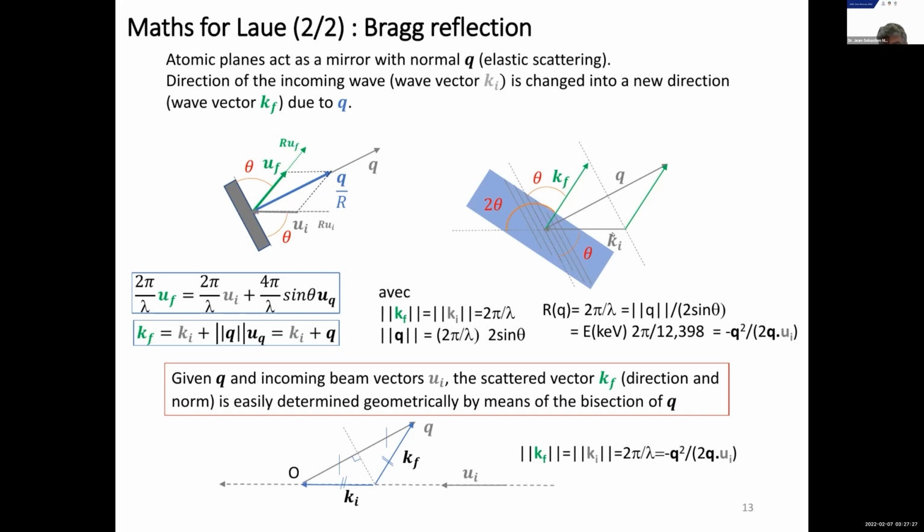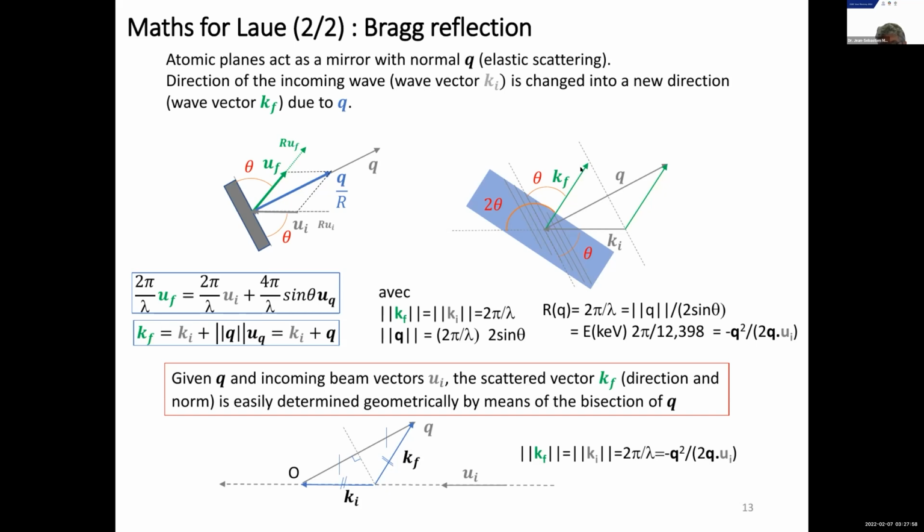And I still have this incoming wave vector, defined there, 2 pi over lambda. These photons come from the right, and then they are reflected by the atomic planes, which are defined by the normal Q. And Q is related to the reciprocal space that I will show you in the next slide.